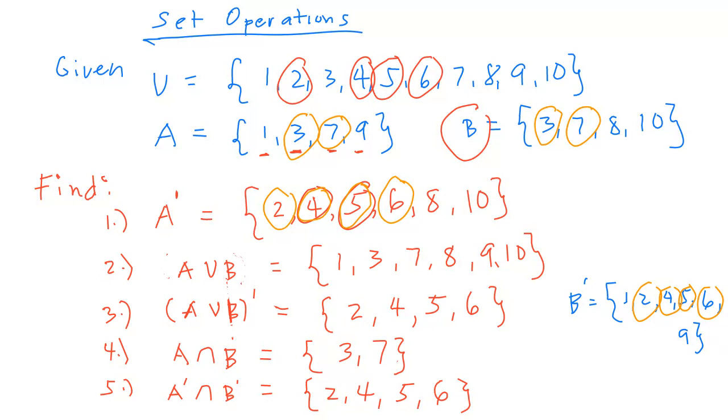Okay, so let's try one last example, having 3 sets now. So you'll have U, 1, 2, 3, 4, 5, 6, 7, 8, 9.